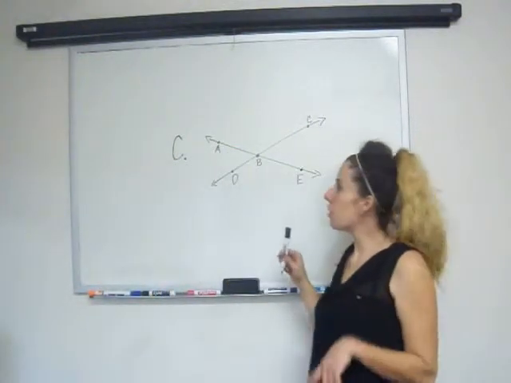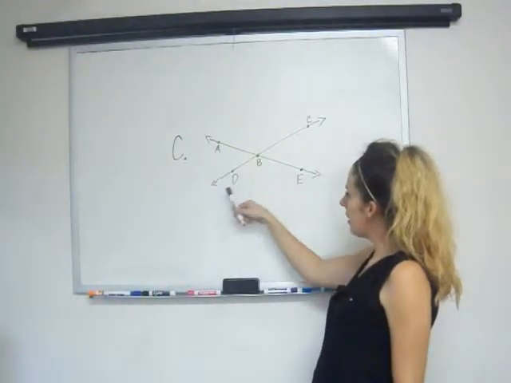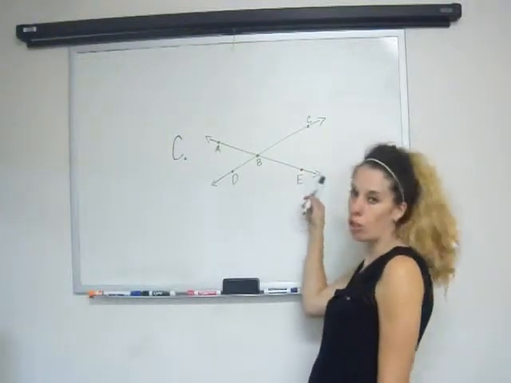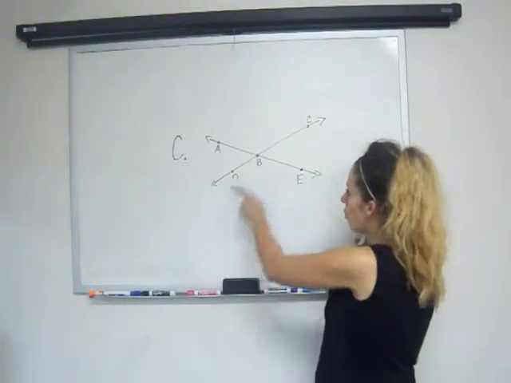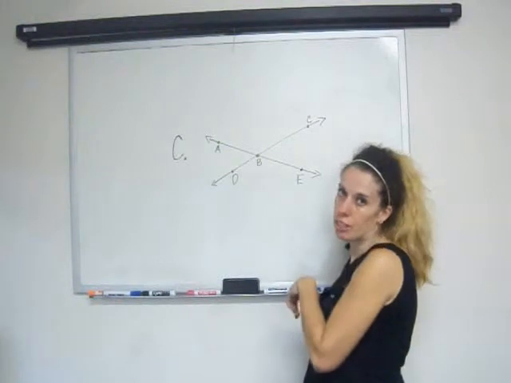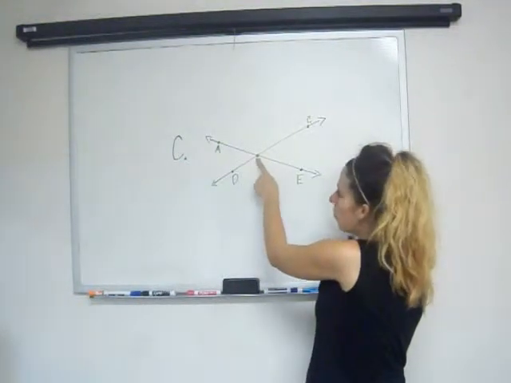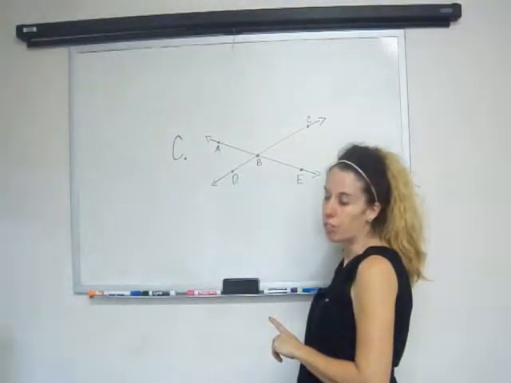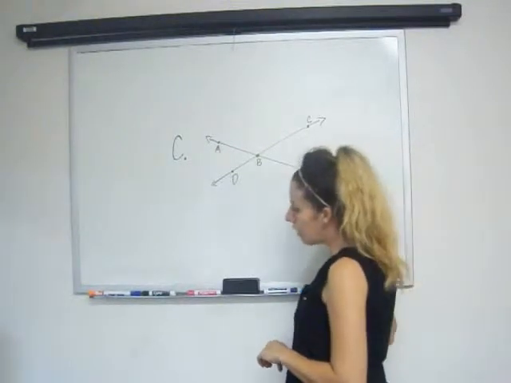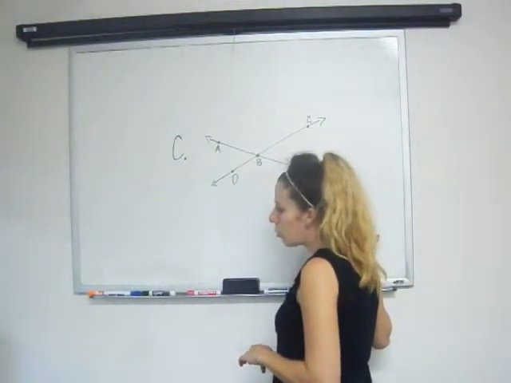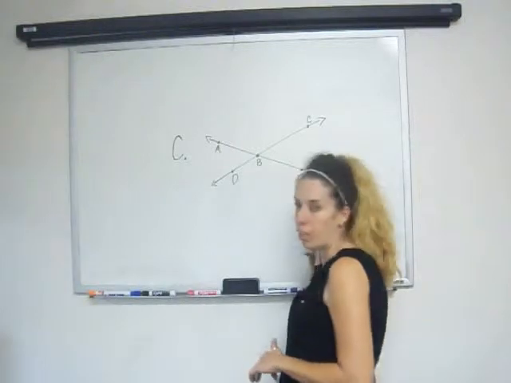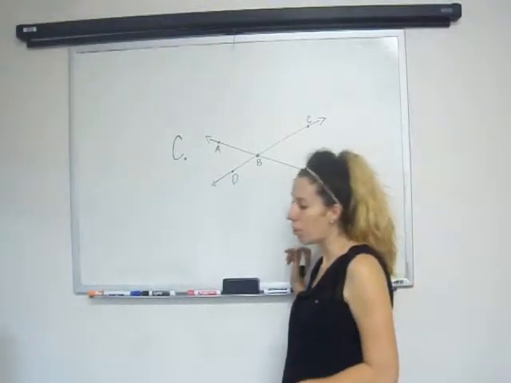Okay, so actually we'll do C and D. For C and D, they gave us a picture that looks like this, and it's 2 lines intersecting each other at point B. Point B is their point of intersection. And for C, it says, name 3 other points that are collinear, okay?